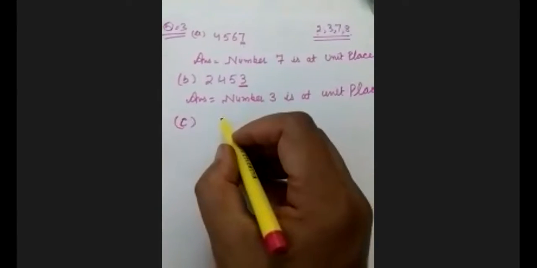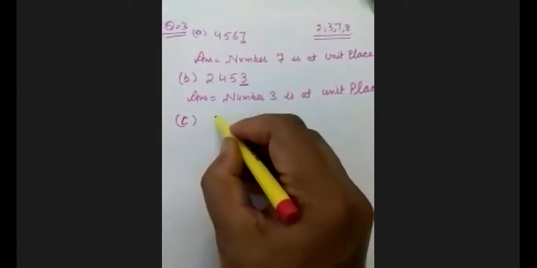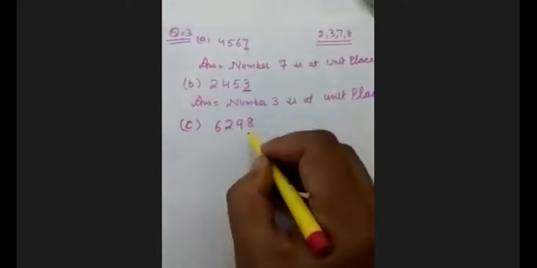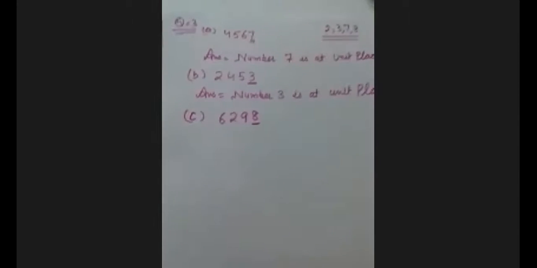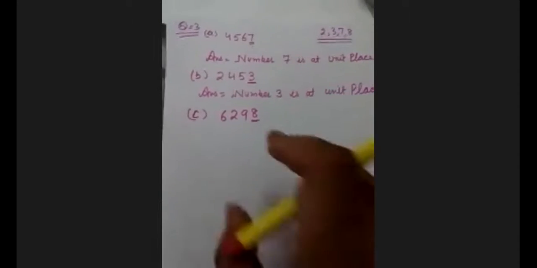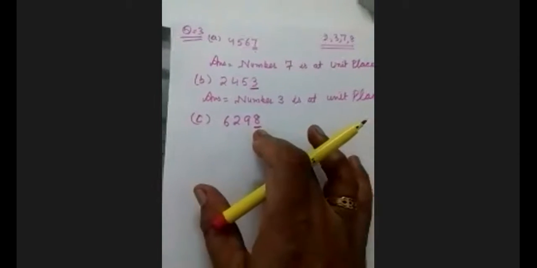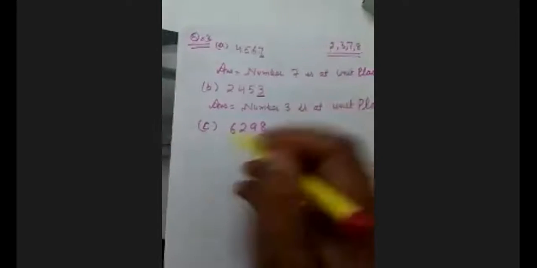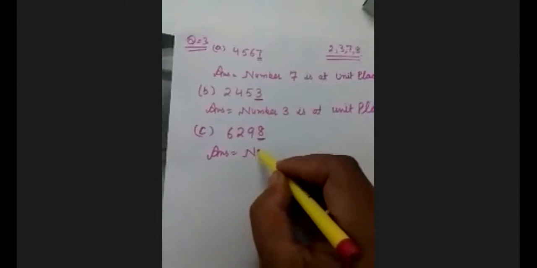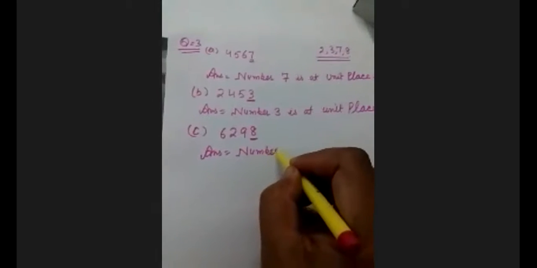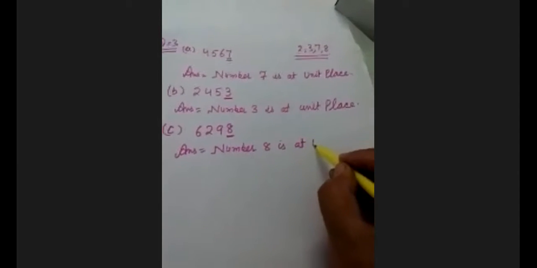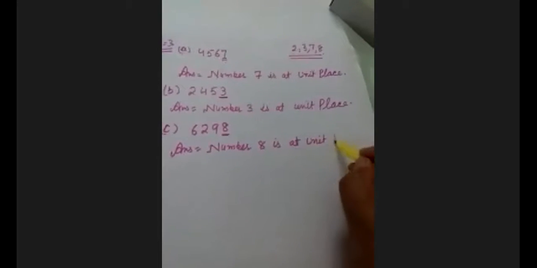Now your number is 6298. Again, your last digit is 8. Again, your reason is number 8 is at unit place.